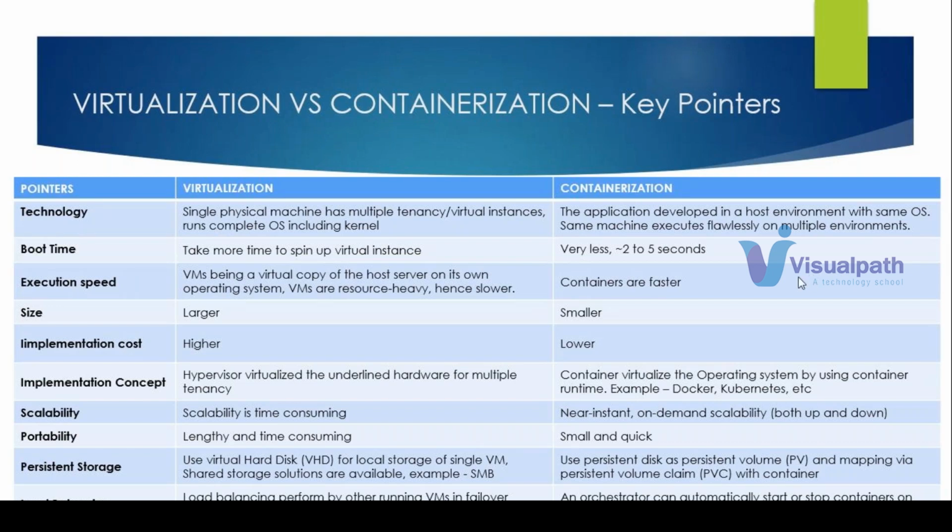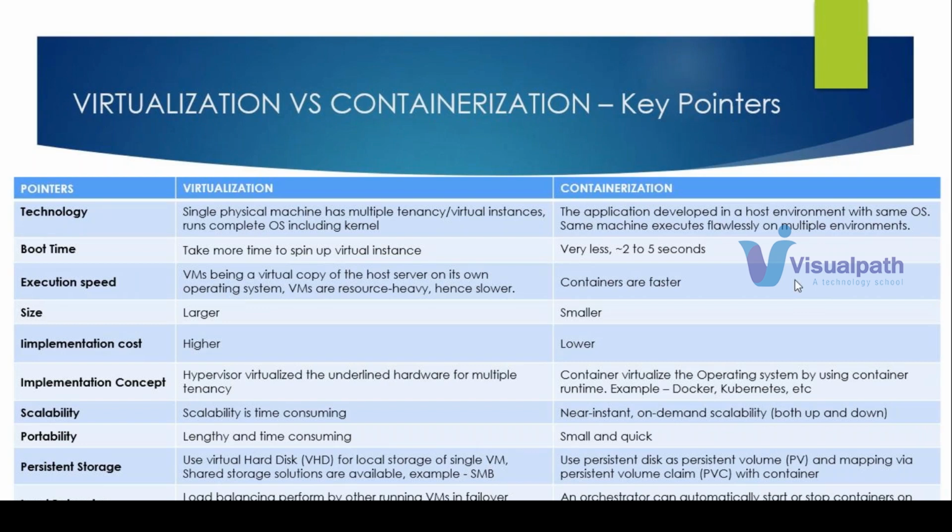Execution speed: virtualization has its own operating system and is resource heavy, so it's slower in nature, but containers are faster. The VM instance is larger in size, containerization is smaller in size. The implementation cost is higher for virtualization, but for containerization it's very low.